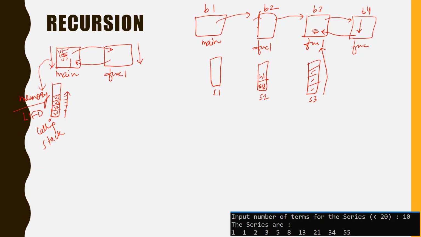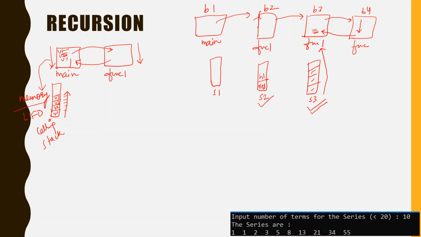In this way this stack is used, and this stack is the reason that recursion is used for backtracking, because all the variables that have been created during the forward call are stored in the stack. So while coming in the backward direction, while backtracking, these variable values can be accessed from the stack.